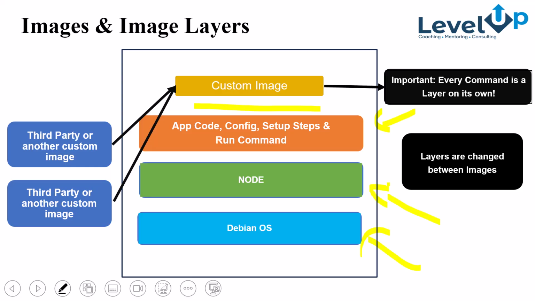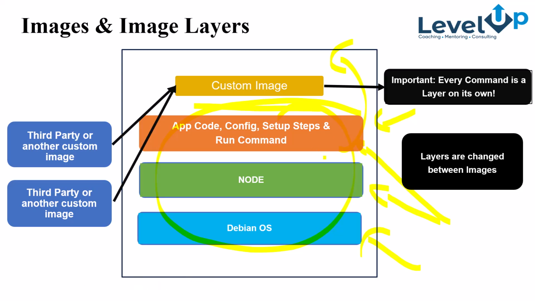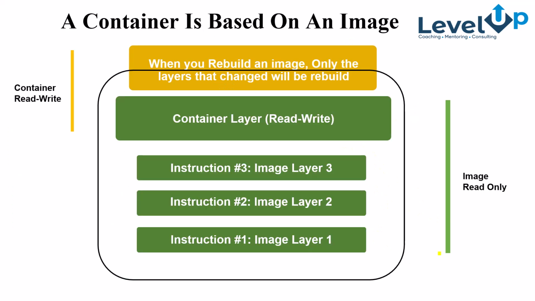On top of that, we can install Node, that is one layer. On top of that, we can install a couple of software packages or dependencies, that is another layer. All these three together become my custom image. So from a pre-built image, we can create our custom images. Pre-built images are stored in Docker Hub.